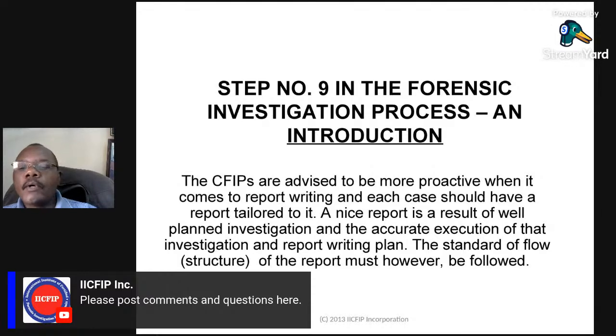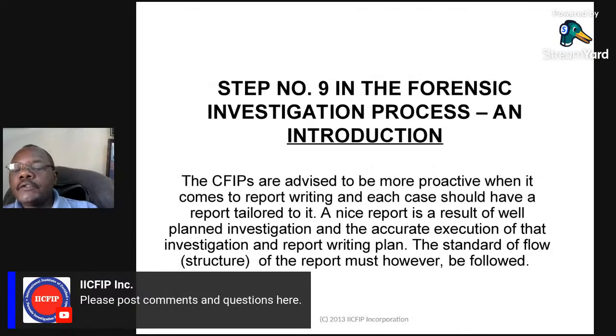That is why when we started talking about the 9 steps of the forensic investigation process, which we have been discussing in a series of previous lectures, we discussed in step number 3 about planning the investigation and allocating resources for carrying out the investigation.